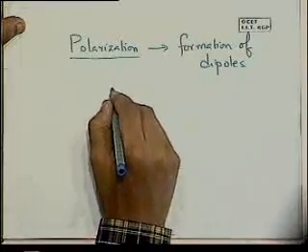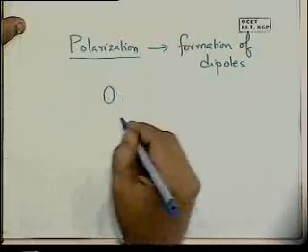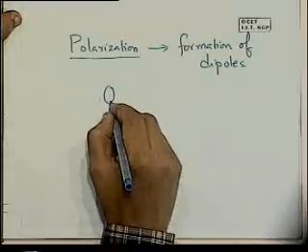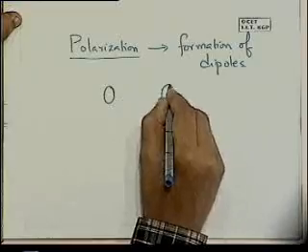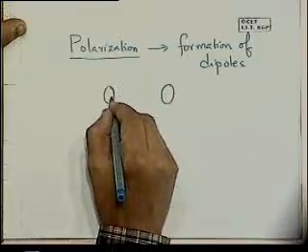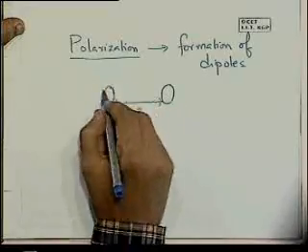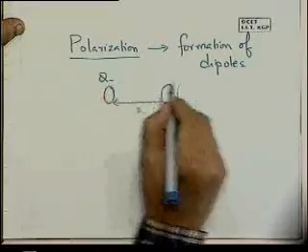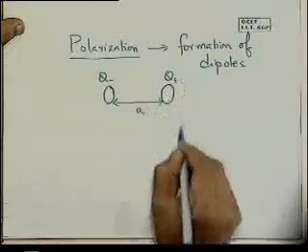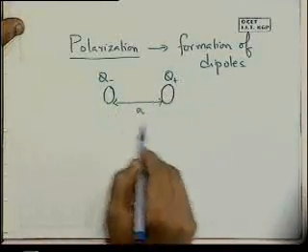And what are dipoles? In this context, we can talk of different kinds of dipoles, but these are electric dipoles, where we have two charges of equal magnitude and opposite sign that are separated by a certain distance. If we call that A, and the charge is Q minus and Q plus, then we created a dipole.